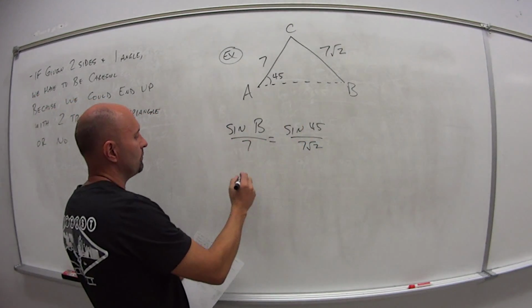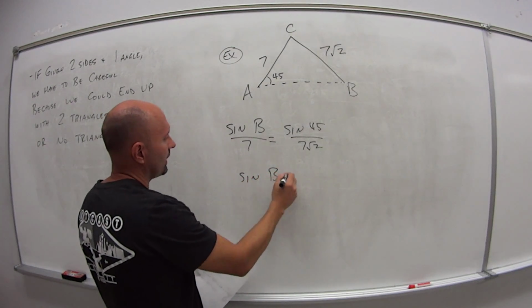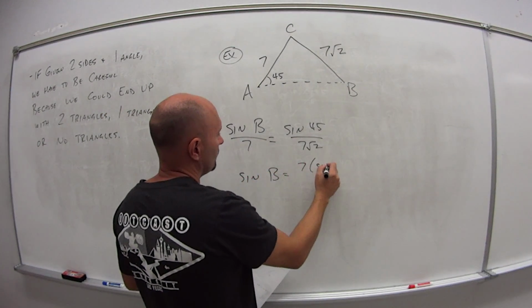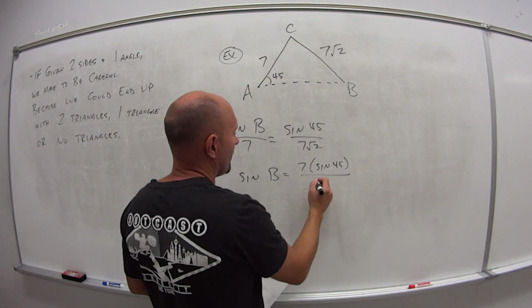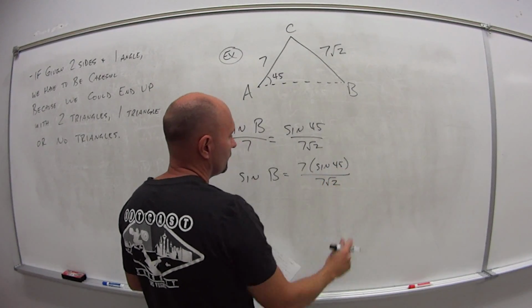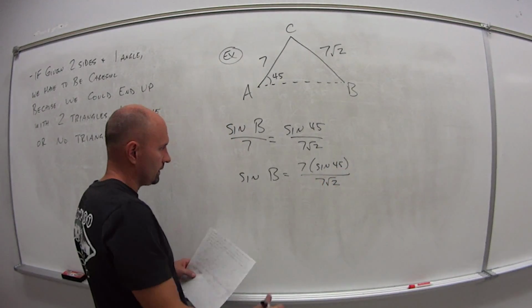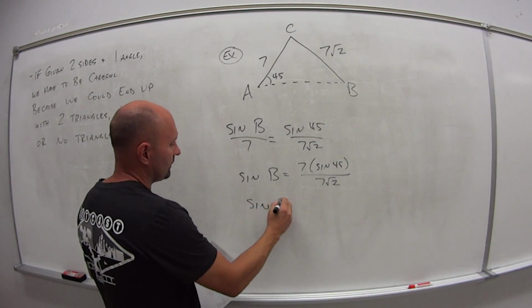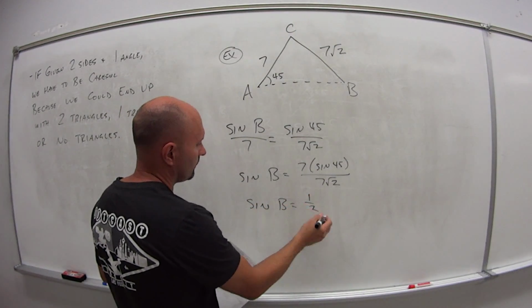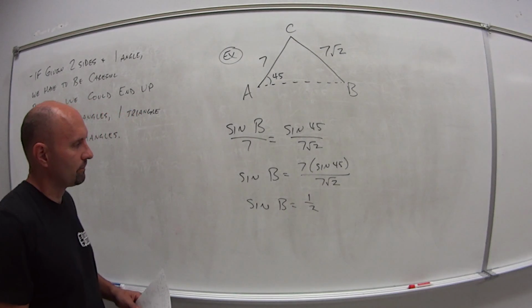To get sine of B, I multiply both sides by 7. So I get 7 times sine of 45 over 7 square root of 2, which means that the sine of B is equal to a half.